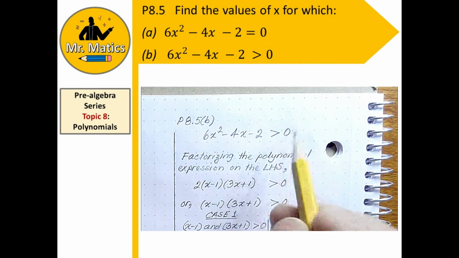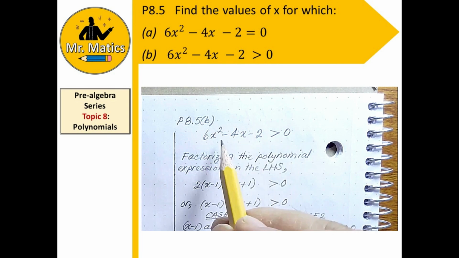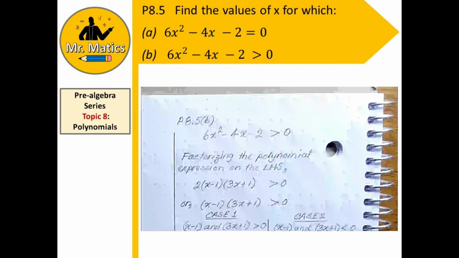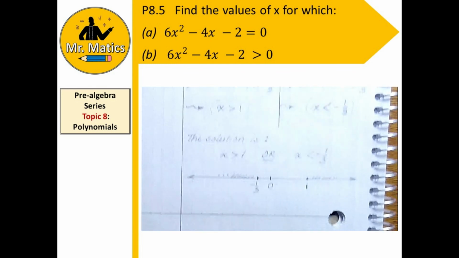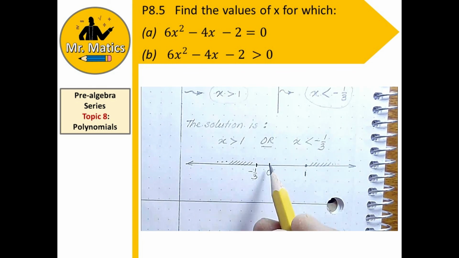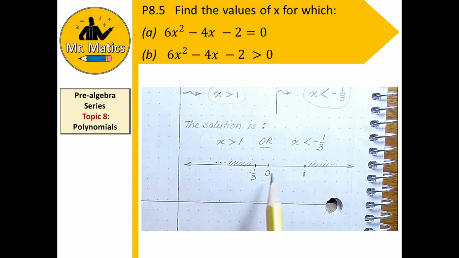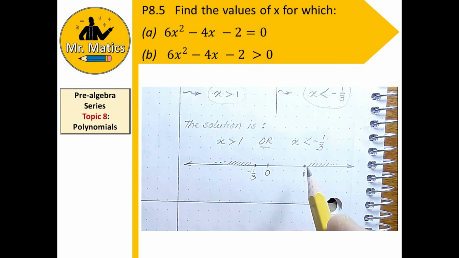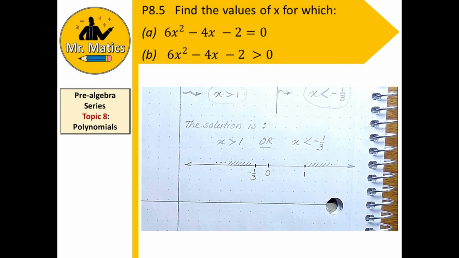So that means that this inequality is not satisfied. So 0 is not a solution, which is what we found also. So I think it checks out, and you can take even more values just above 1 or just below minus 1/3, and then see if that works out also.